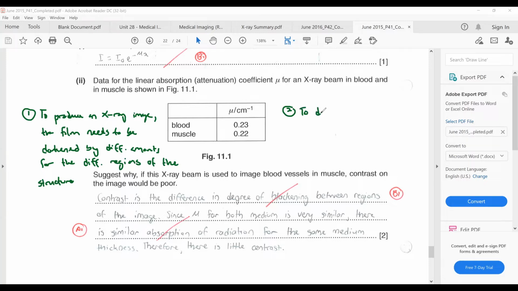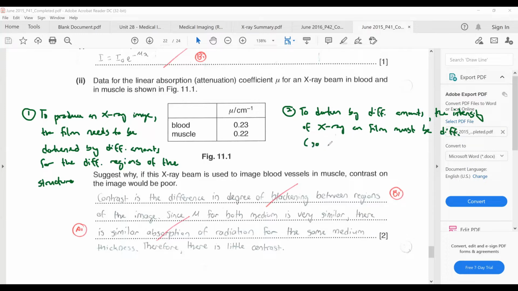To darken by different amounts, the intensity of X-ray on film must be different.